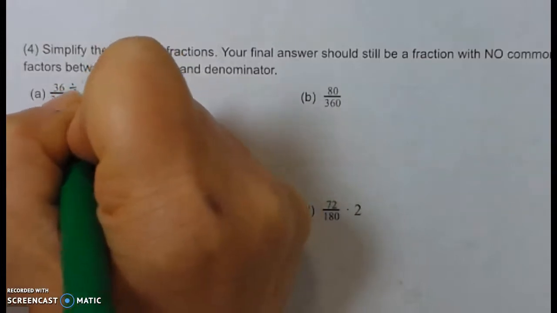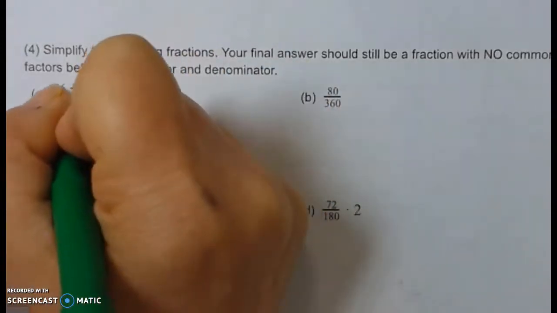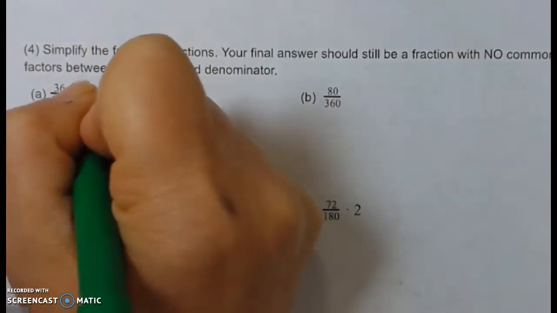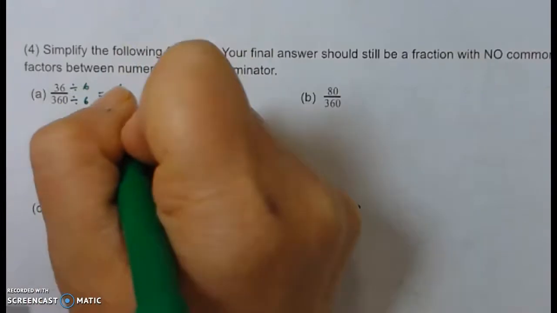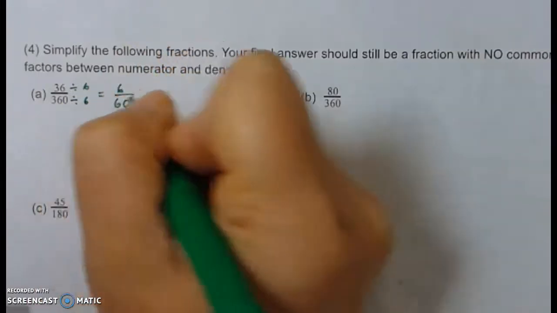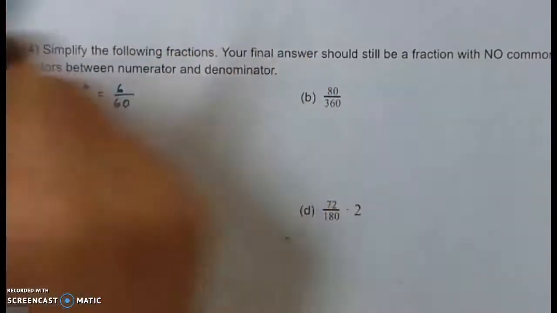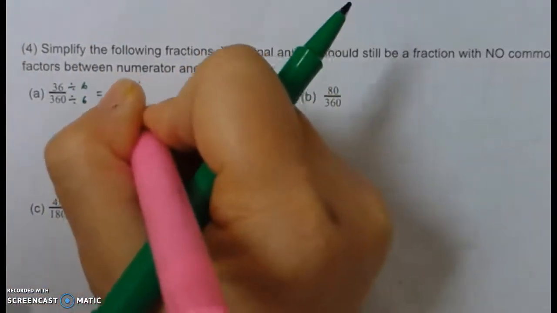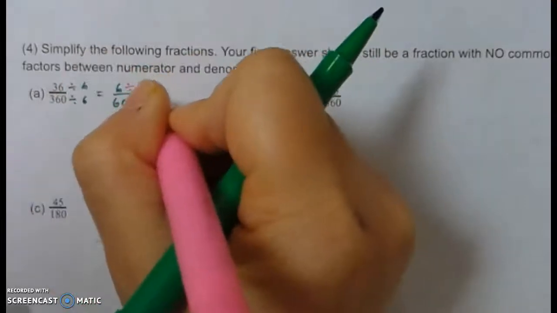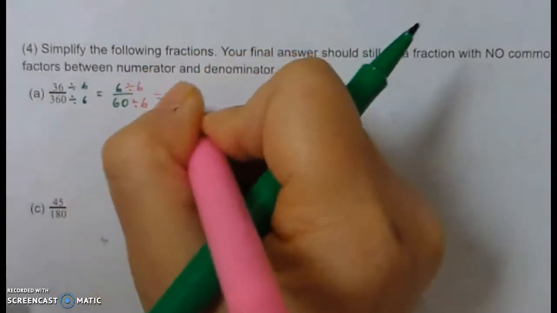But say if you didn't see that, what you could do is start dividing by 6. And that's going to become 6 and 60. Then you might be able to say, oh, I can divide this further by 6 and 6. And that leaves me with 1 over 10.